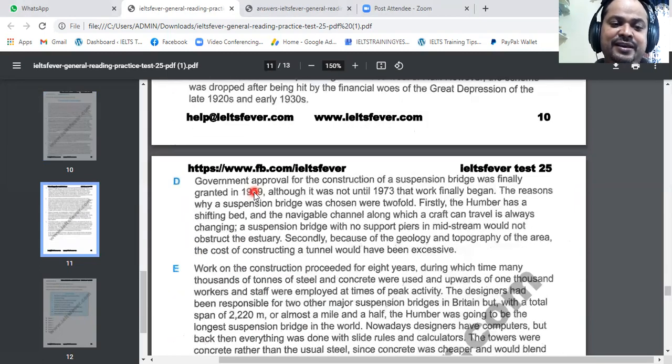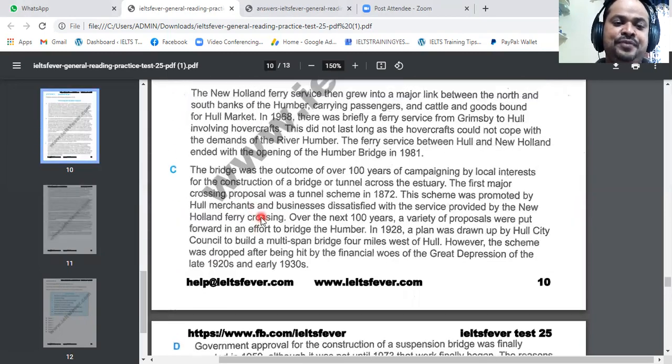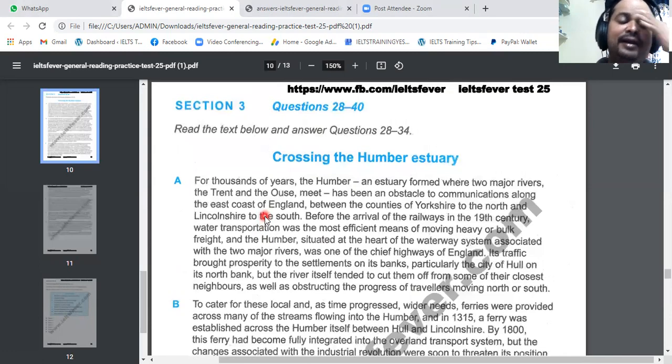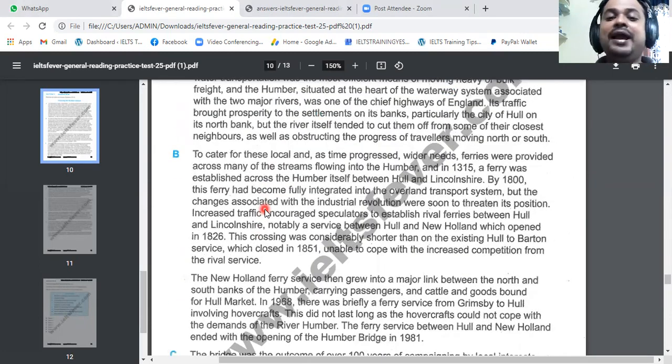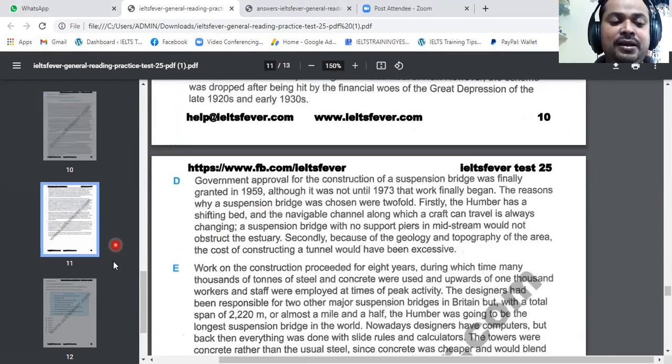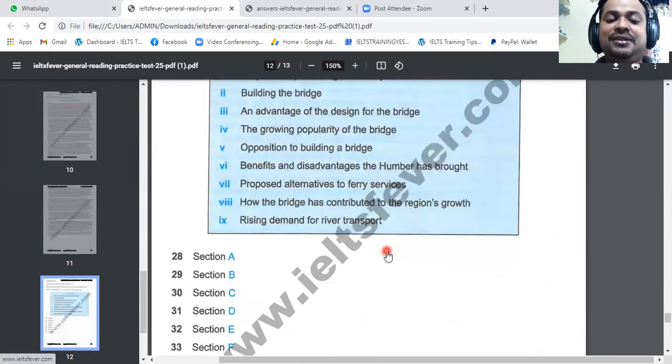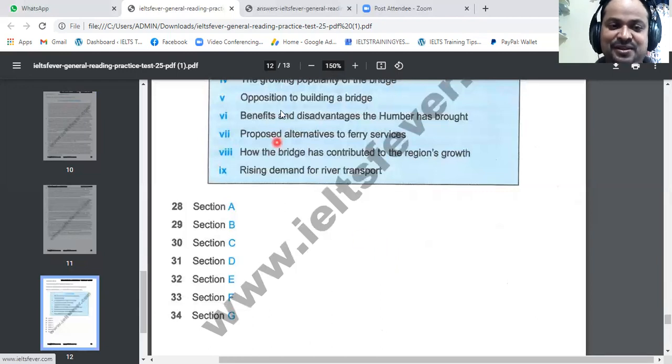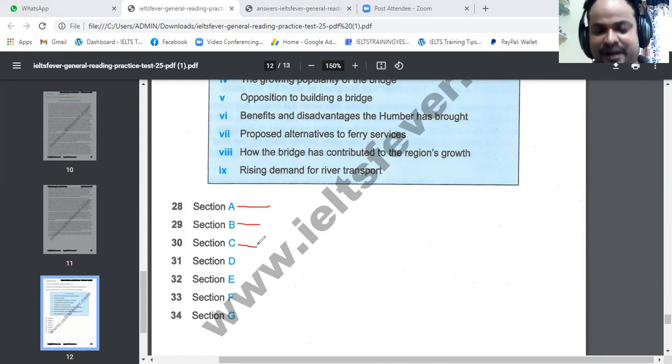F, E, D, C. So these paragraphs are short. So my primary aim is to save the time. So I just saw this thing. It's not at all necessary for me to complete paragraph A, then move to paragraph B, then move to paragraph C. There is no rule like that.